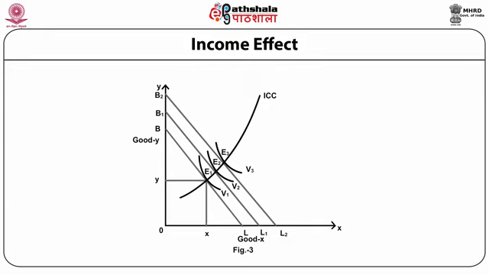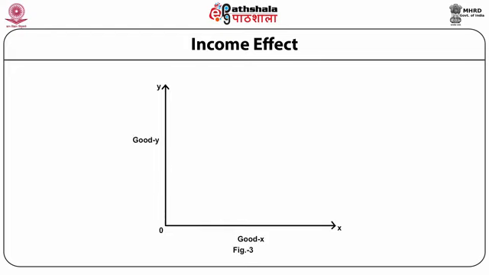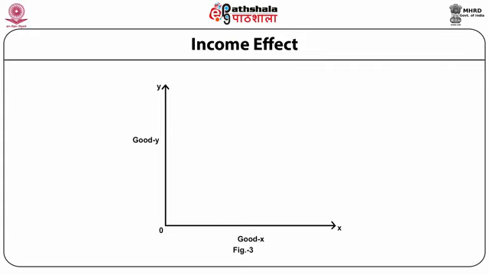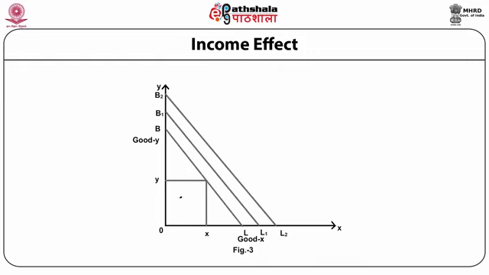When all the three consumer equilibrium points, that is E1, E2 and E3, are joined, a curve is derived called income consumption curve. Income consumption curve traces the changes in consumer equilibrium, which is a result of changes in consumer income, ceteris paribus.